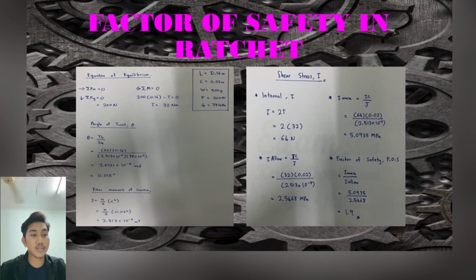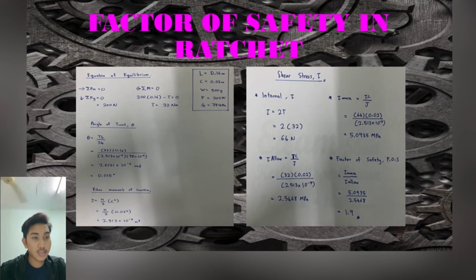Next we can find the angle of twist. The formula is TL over JG, L for length, T is what we got from the equation of equilibrium, J is the polar moment, and G is given. So 32 times 0.16 divided by 2.513 times 10 exponent negative 7, which we got from the polar moment, times 78 times 10 exponent 9.